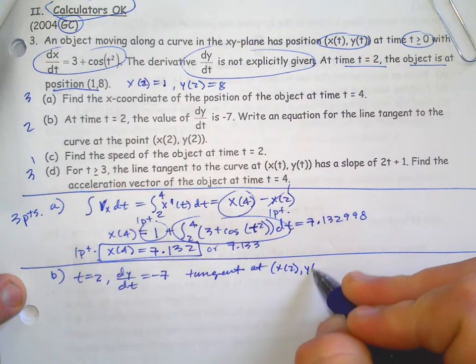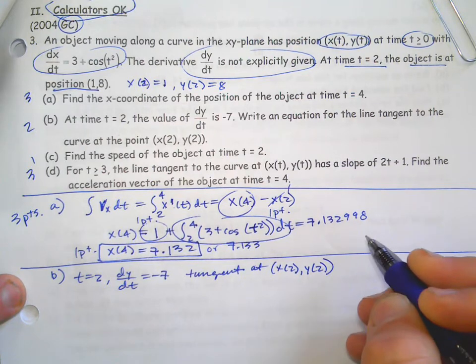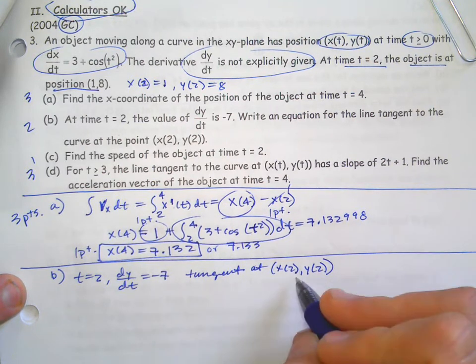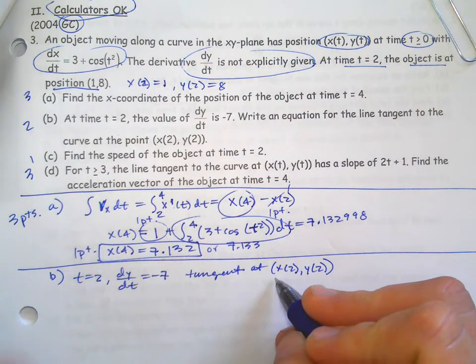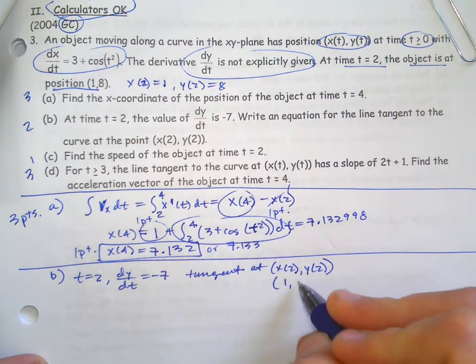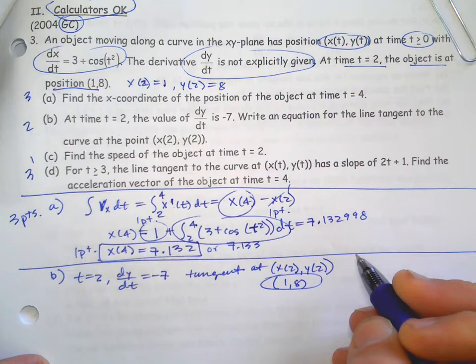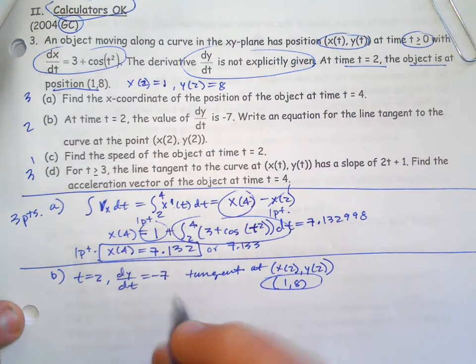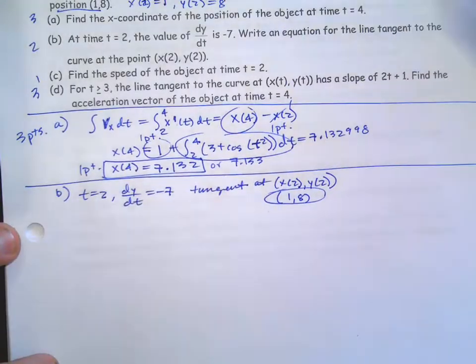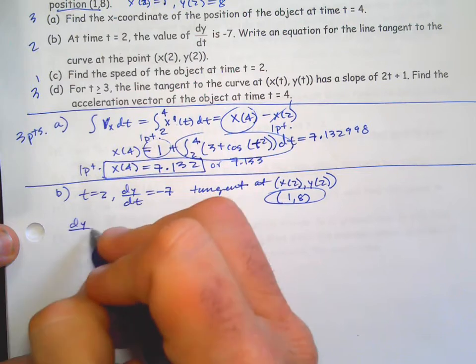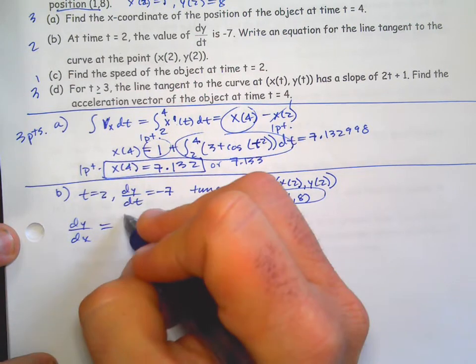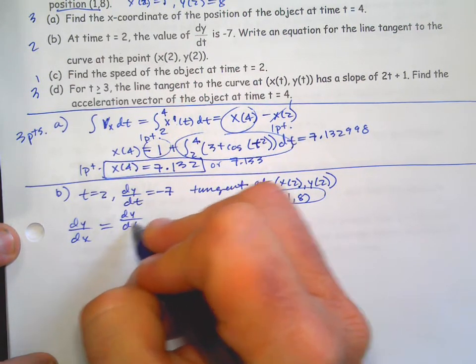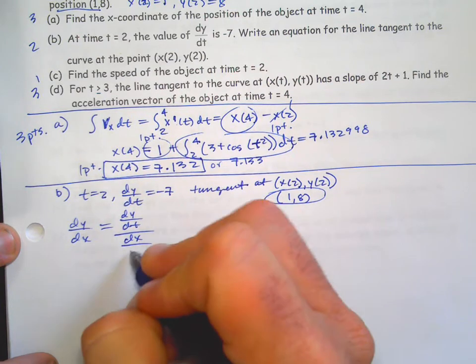Now, you need a point and a slope, right? So we have the point because they gave us this. This is (1, 8). So that's the point we're going to use. We need the slope. This is not the slope. The slope we need is dy/dx, which is dy/dt over dx/dt.